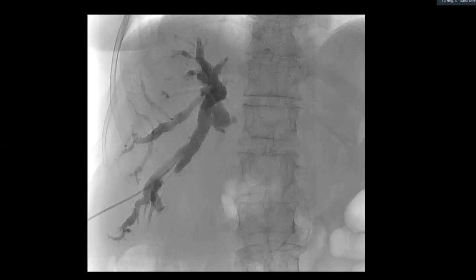The cutoff is likely at the level of the right and left biliary tract confluence. So I will correlate with the history of any surgical intervention to rule out any ligature injury.